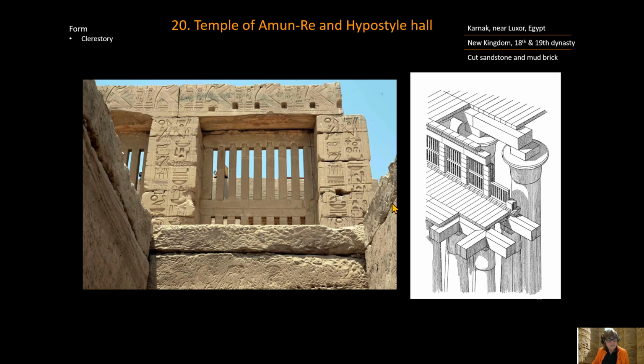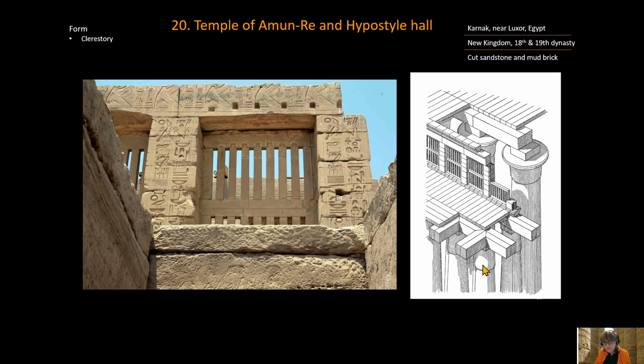Okay, also in terms of form, we have another vocabulary word, and it's called a clerestory. A clerestory is like a second floor in this building, but it has openings or windows to the outside that end up letting in light. Over here, I like this line drawing to explain it.